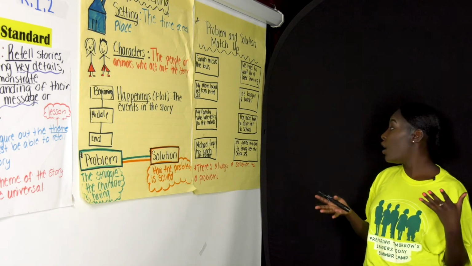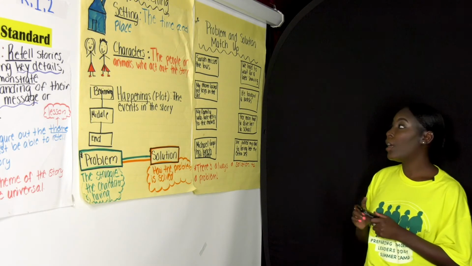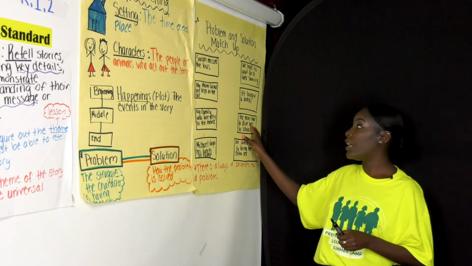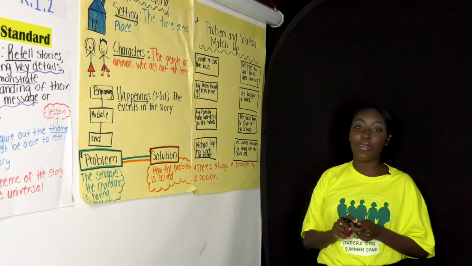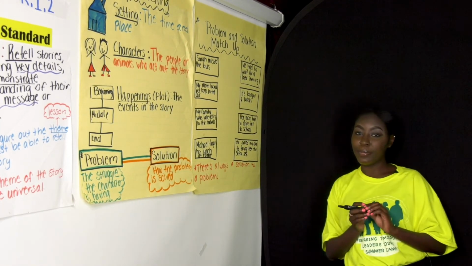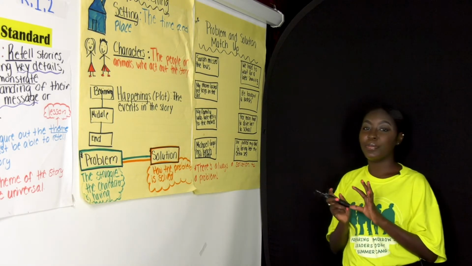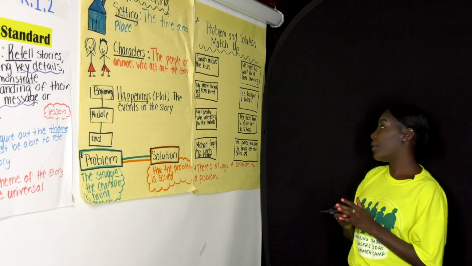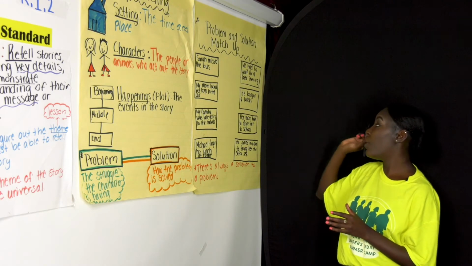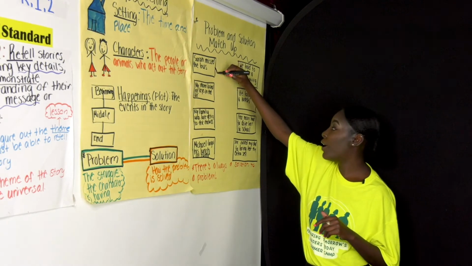Or she called my dad to bring her the extra set. Which solution matches this problem? Sarah missed the bus. I'll let you guys think a little bit, and then we'll talk about the answer. If you said her mom had to drive her to school, you are correct. Let's go ahead and match that.